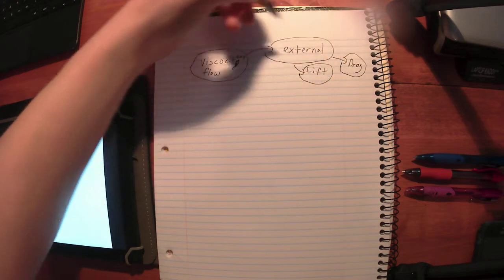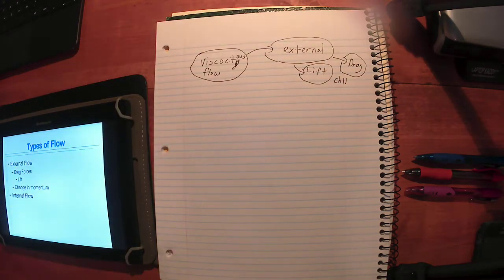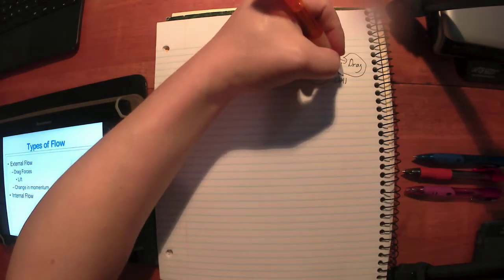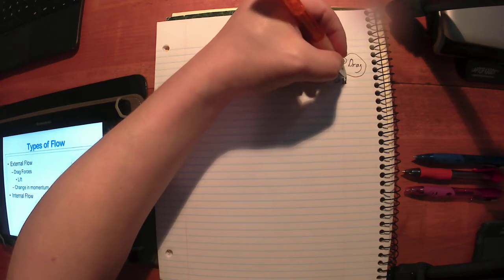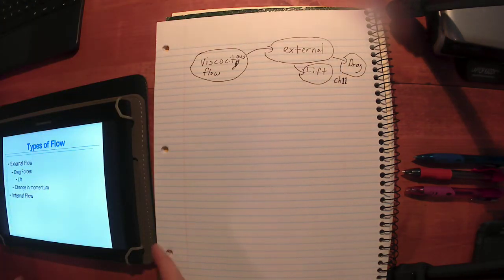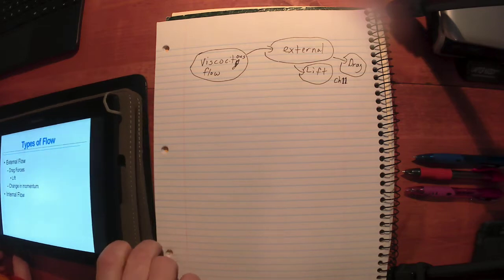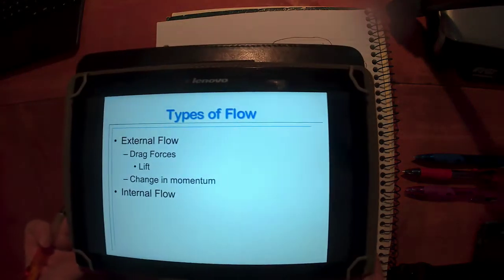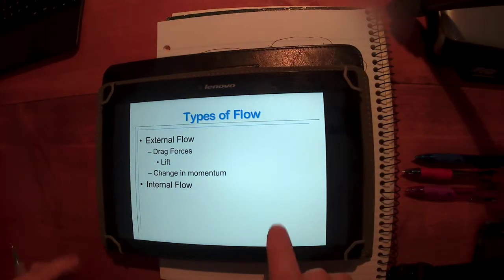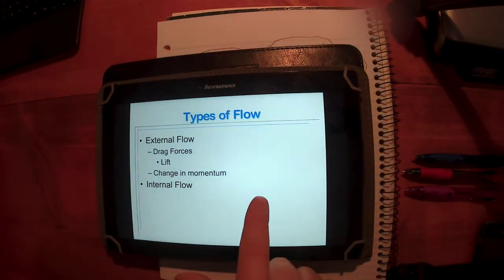For us, we talk about these in chapter 11. And so that'll be kind of the second half of this exam 2 material. Right, so in the Cengel and Cimbala text, this is chapter 11. We talk about viscous flow on external surfaces or external bodies. Now, first, though, we're going to focus on chapter 8. That's where we talk about internal flow.